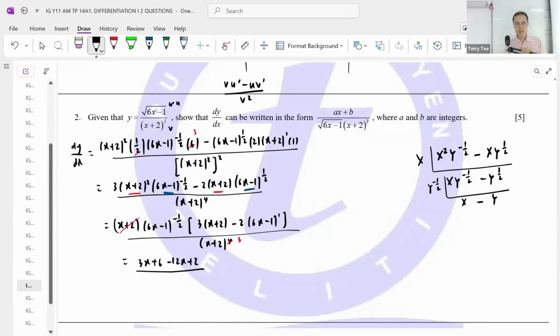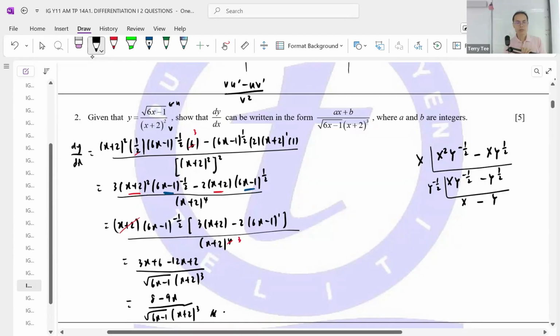So the first equation, 6 down here, 6x minus 1 with the bracket x plus 2 power 3. Simplify further: 8 minus 9x over square root of 6x minus 1 followed by x plus 2 power 3. Because the question says write in the form of ax plus b, maybe I write minus 9x plus 8. Follow the sequence. Okay.